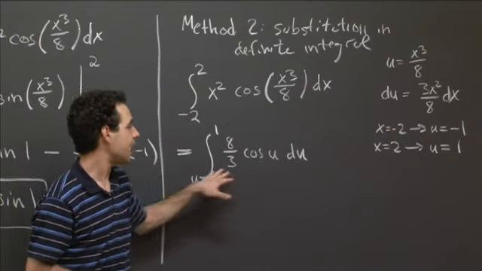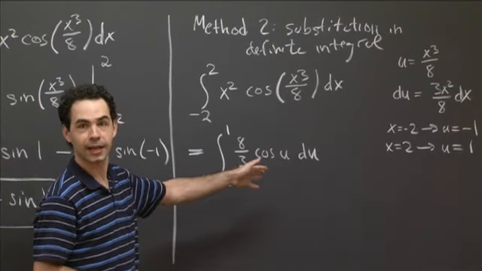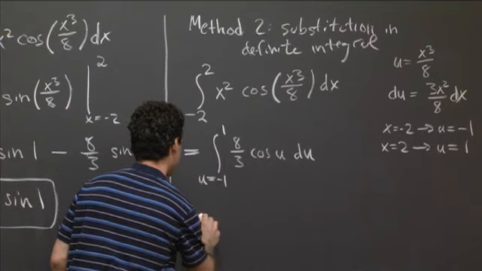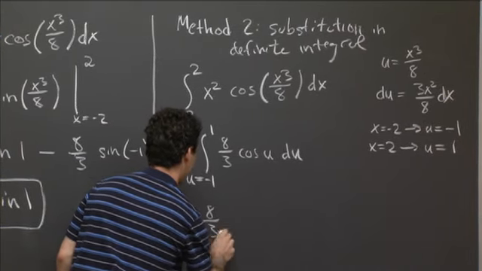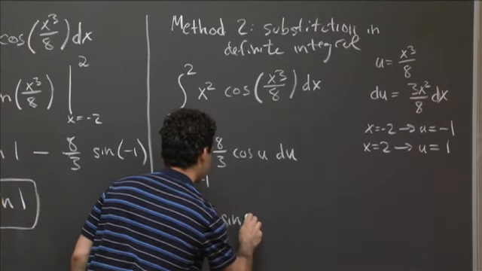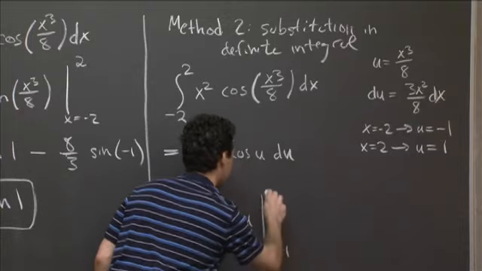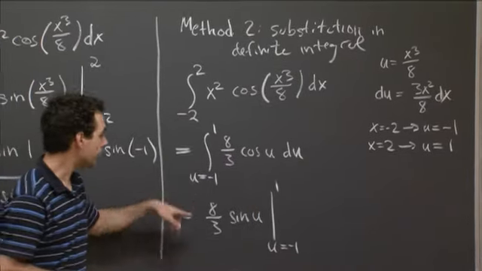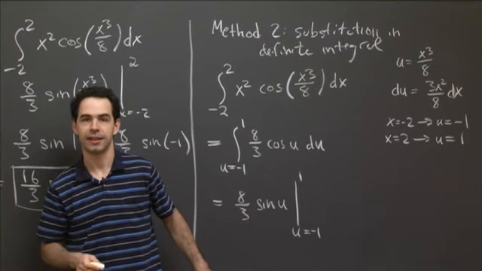OK, and now again, this is something for which I already know the antiderivative, so I apply the fundamental theorem of calculus here. So I get the integral is equal to 8/3 sine of u, where u goes between minus 1 and 1. So the other thing that's changed here is that now I don't have to change this back in terms of x's, right?